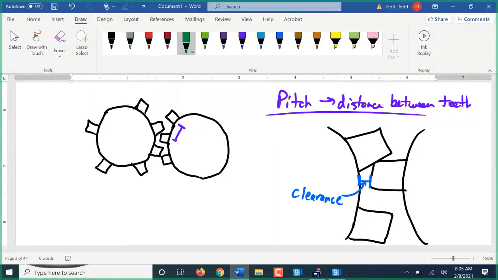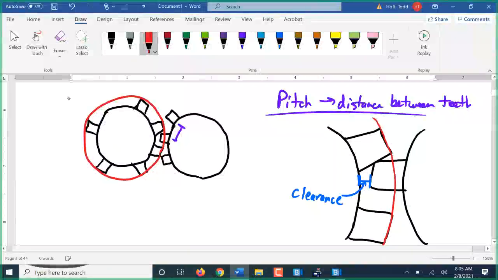Now I'm going to define inner diameter and outer diameter. Outer diameter is the outside of the teeth, like this. Inner diameter is just the hub here.